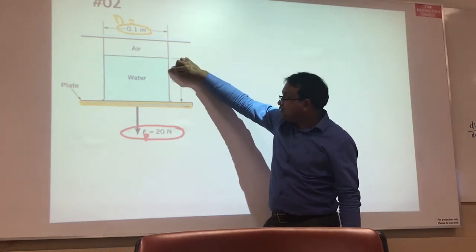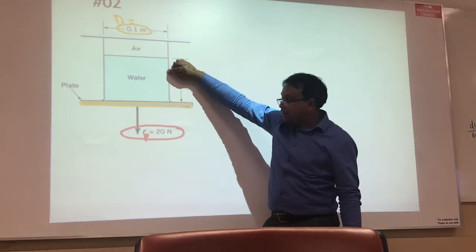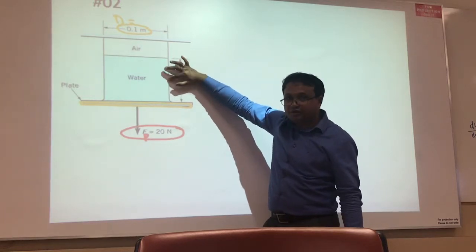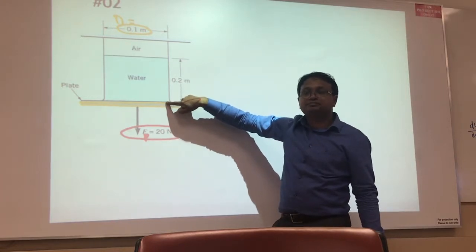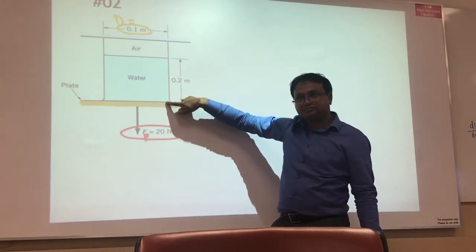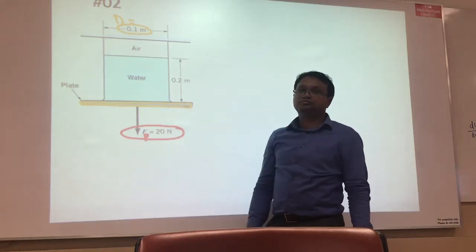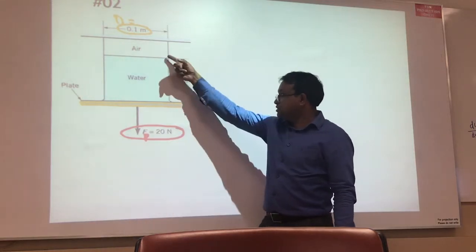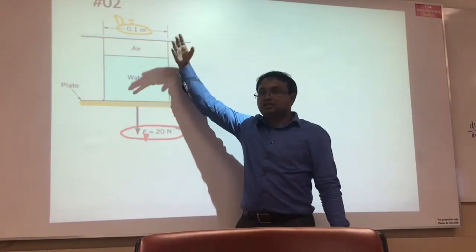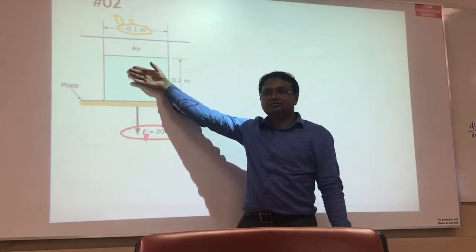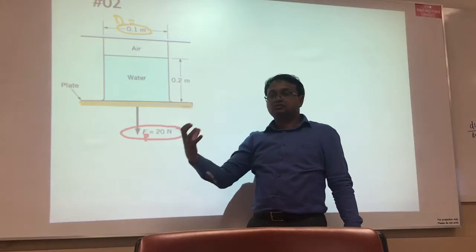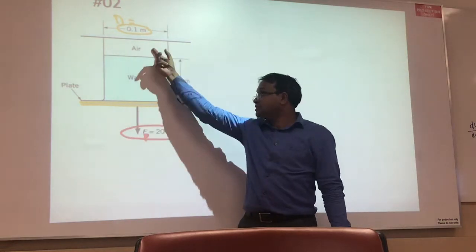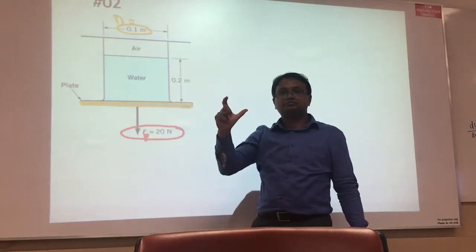At that point the pressure is air pressure, and further down it is rho g times the distance, so rho g h. So this pressure plus this pressure, times area, gives the total force acted by the water and air together.